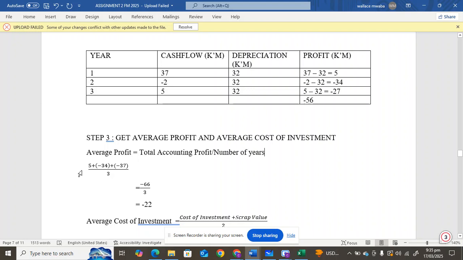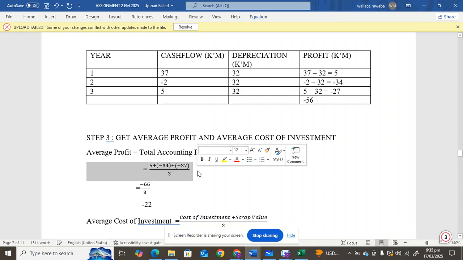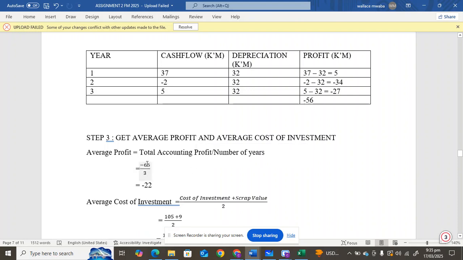Our total accounting profit was negative 56 million. So we're going to say negative 56 divided by 3, since the number of years is 3 years. We get negative 18.67.